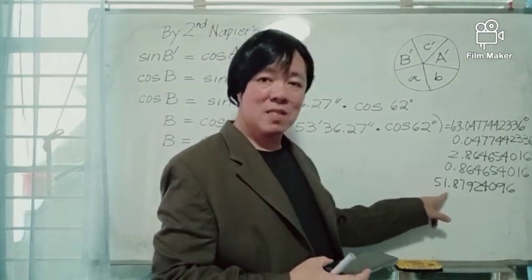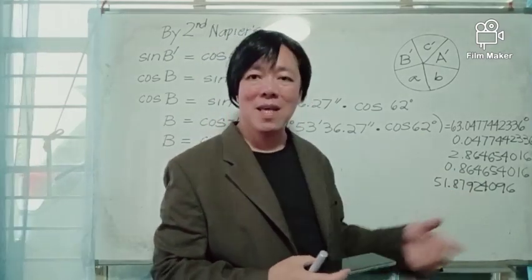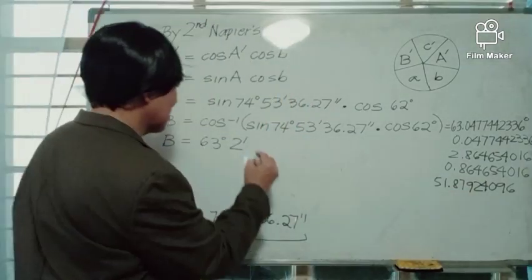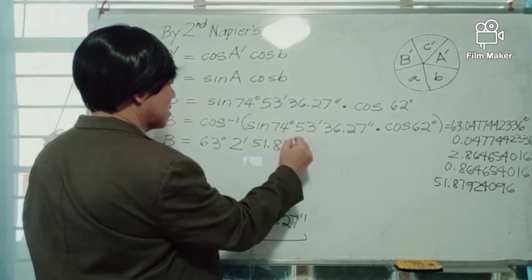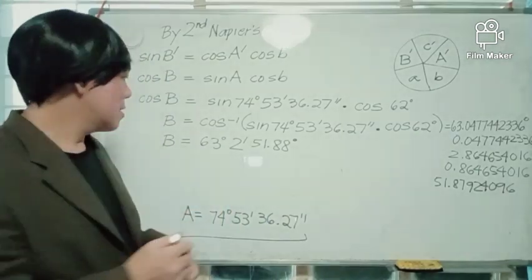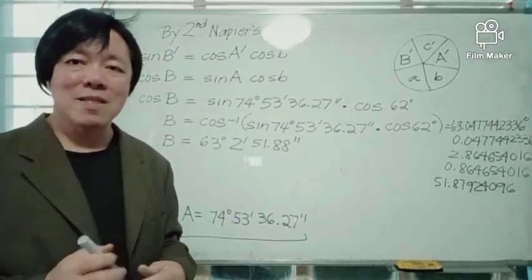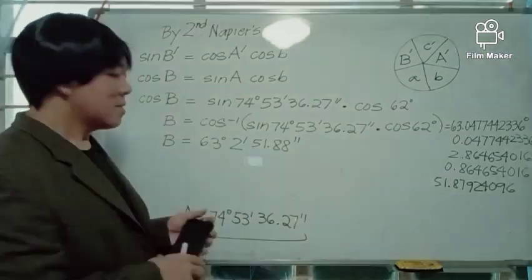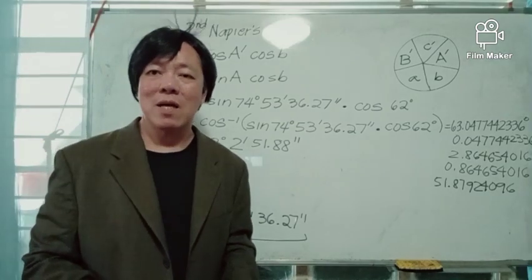And this decimal number to two decimal places is 51.88 seconds. So we have solved for all the unknown parts of the right spherical triangle.